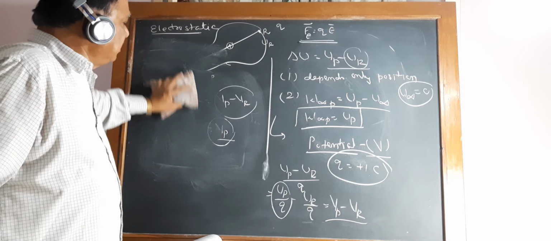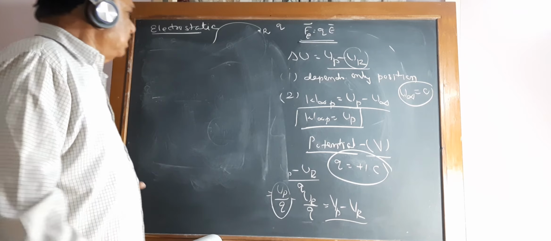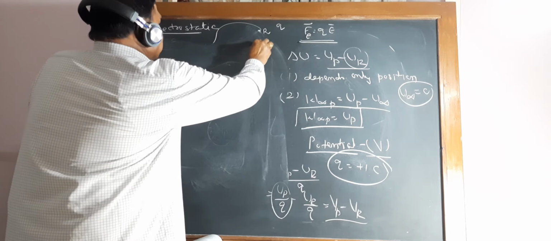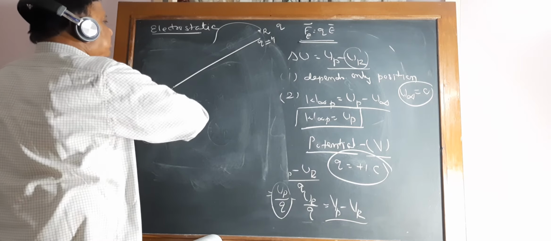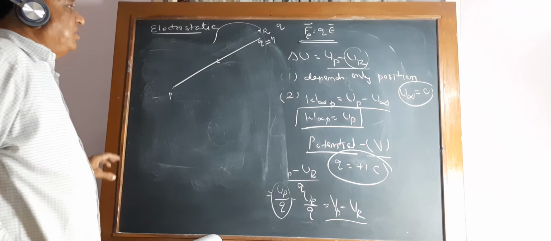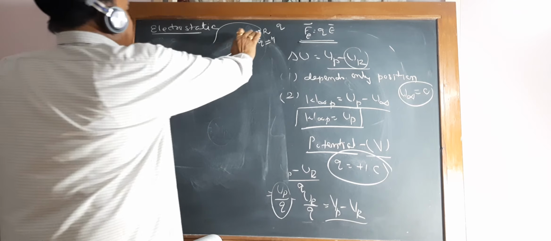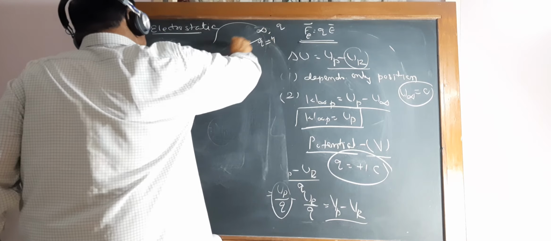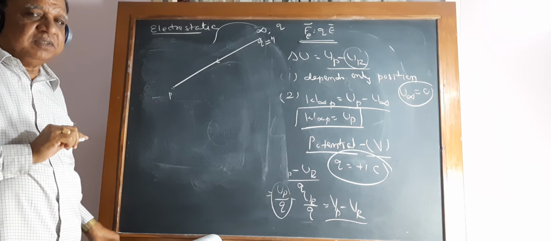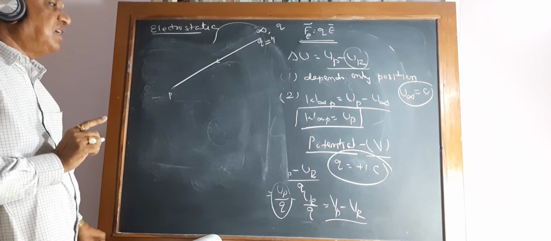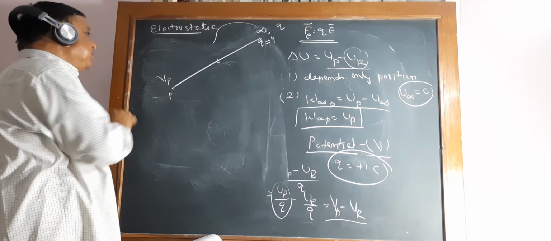Electrostatic potential means work required to be done from infinity to a given point against electric field is known as electrostatic potential at that point, Vp.